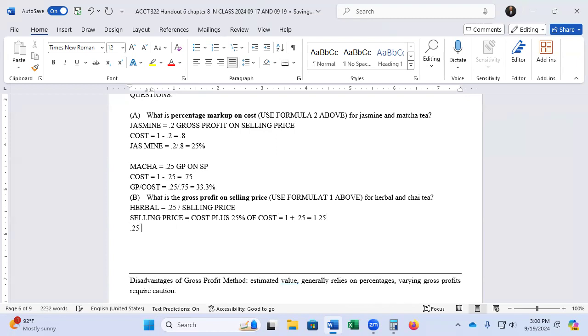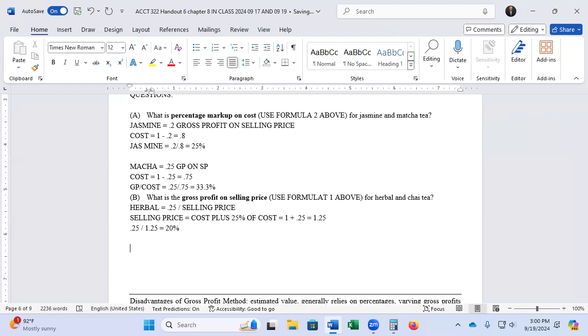And so we have 0.25 divided by 1.25, and that's 20%. Chai has a 0.5 markup, and our selling price is going to be 1 plus 0.5. And so we have 0.5 divided by 1.5, which equals 33.3%.